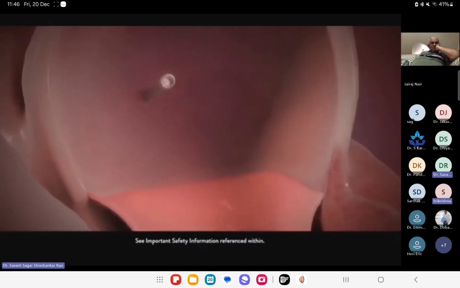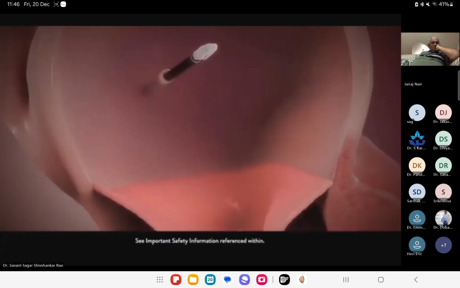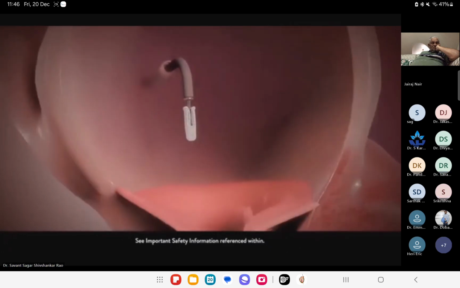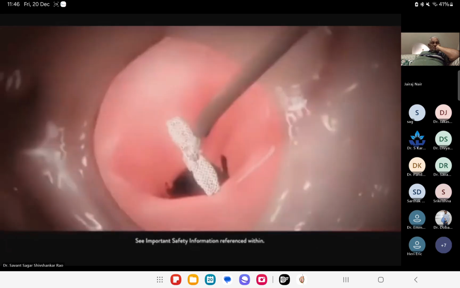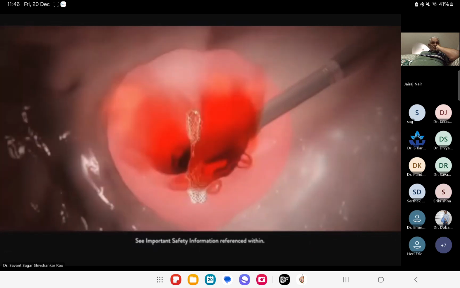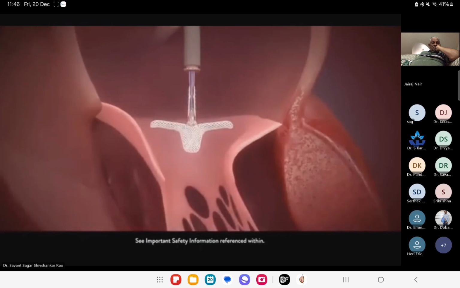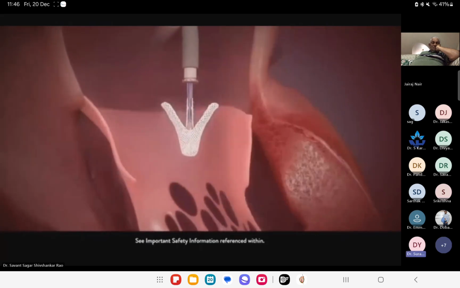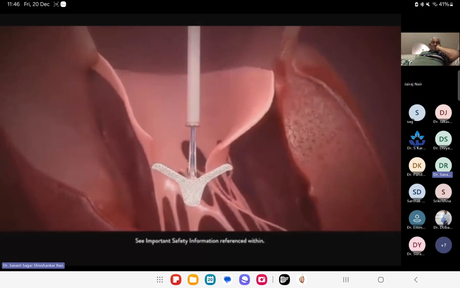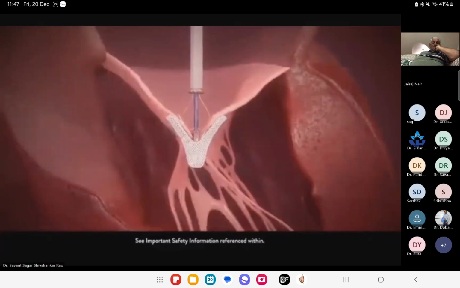Now through the devices, through the transesophageal echocardiography guidance, not going too deep into the LV, otherwise we'll catch hold of chordae there.